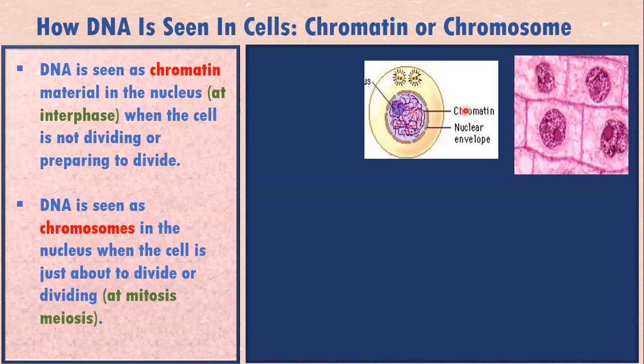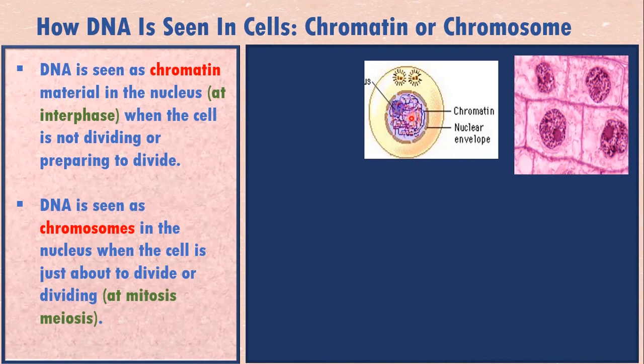Look at these cells here. You can see this is the nucleus. The chromatin is DNA, which looks like threads with beads at various points.